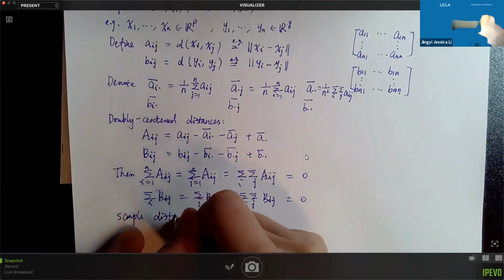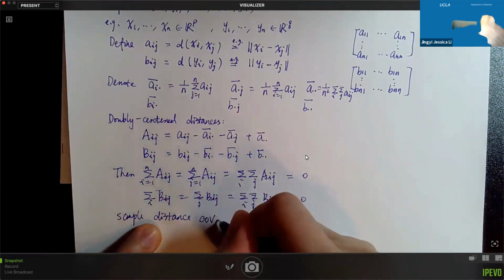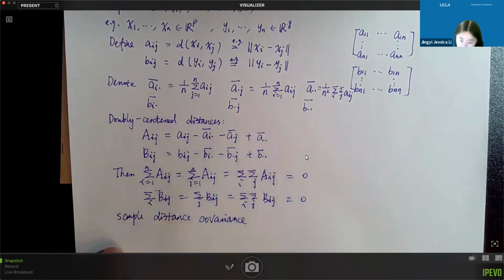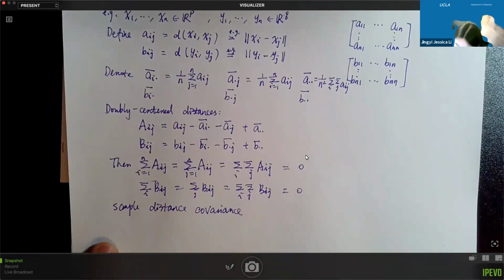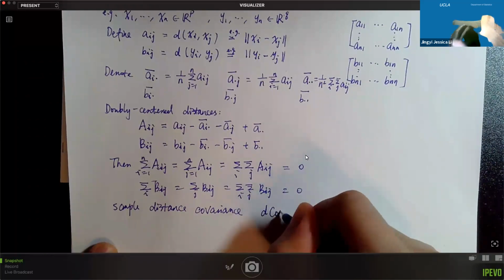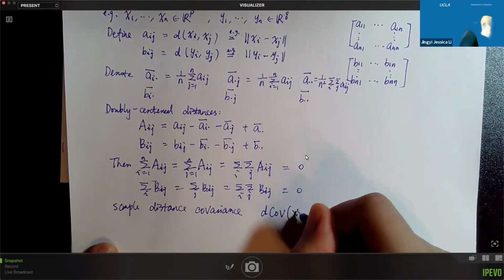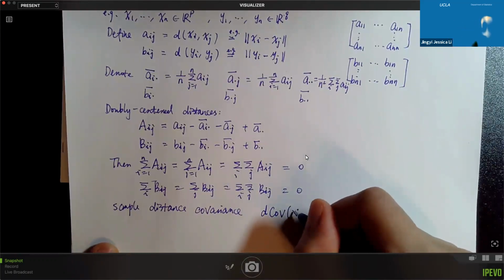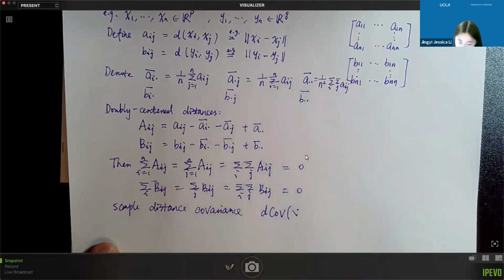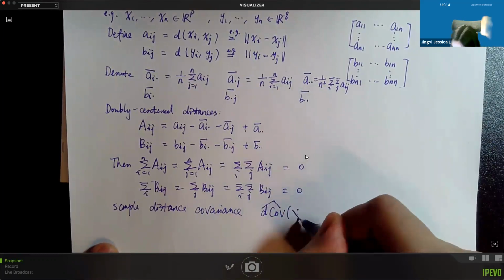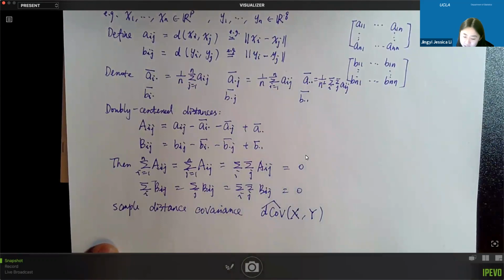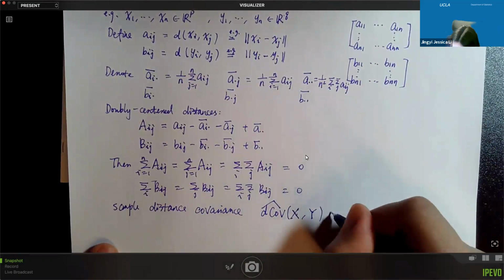Sample distance covariance. We will write it in short as DCOV, distance covariance between X and Y. I'm going to write the hat here because I want to emphasize that this is the sample distance covariance, estimated from our sample about the two random quantities X and Y. It's defined in a very simple way.